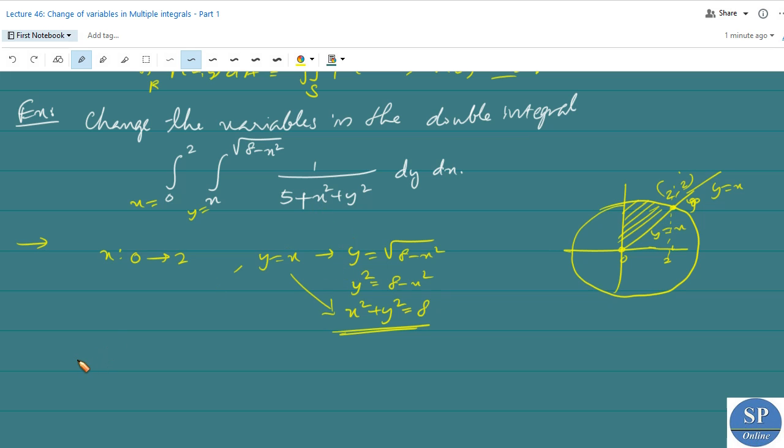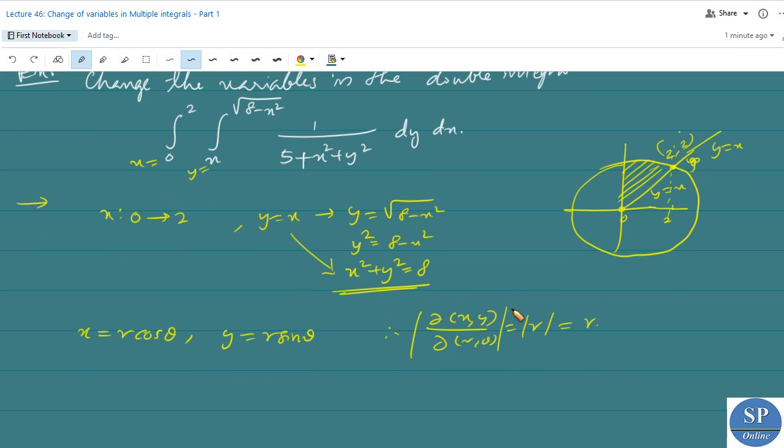So we have the change of variables equations: x equal to r cos theta and y equal to r sin theta. From this we already obtained that the Jacobian determinant of xy with respect to r theta is r, so the modulus of r is equal to r, taking r greater than or equal to 0.